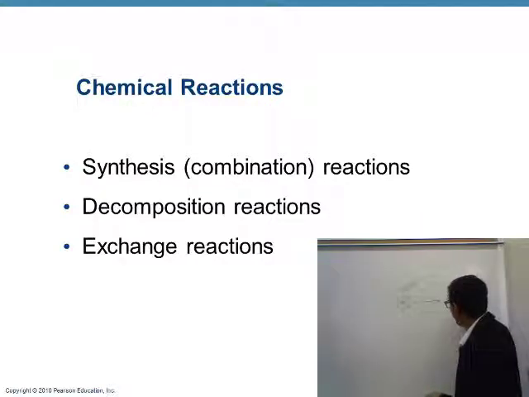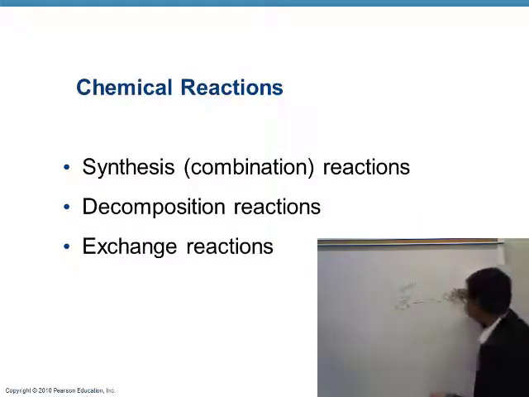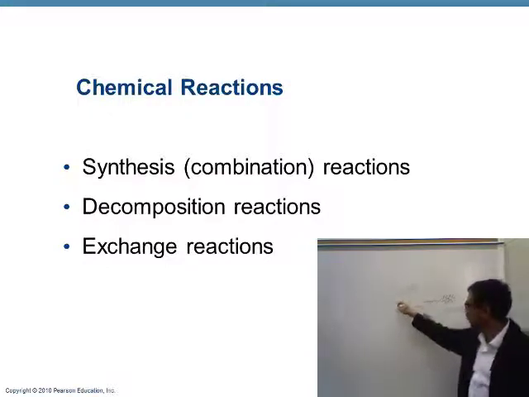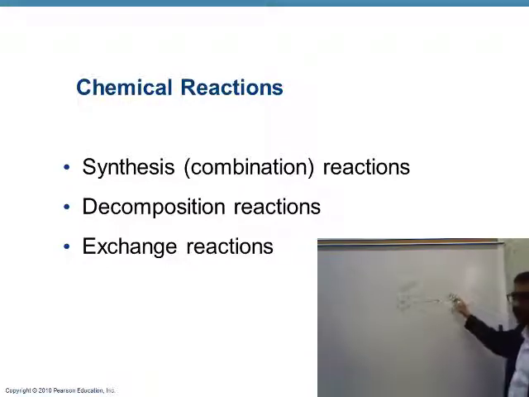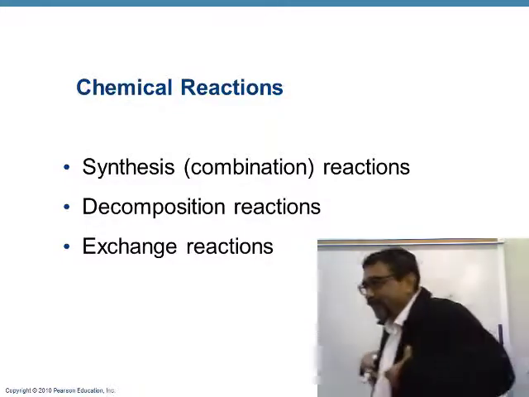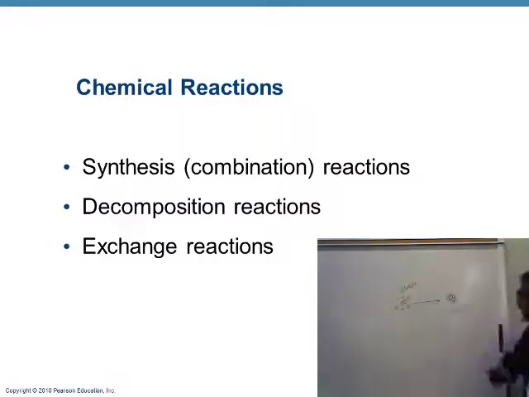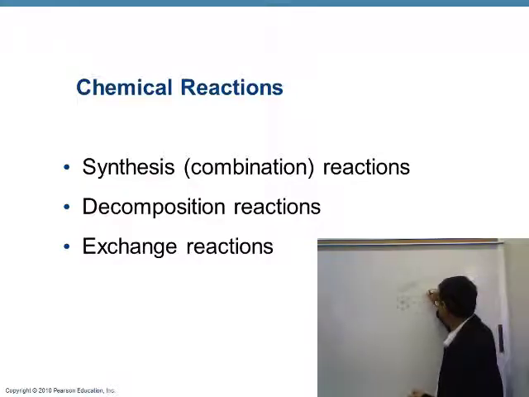The glucose molecules will join together and form a larger molecule that is called glycogen. So you see, from smaller glucose molecules, a larger glycogen molecule is formed, and your glucose will be stored in your body as glycogen in the liver and muscle. So this is a synthesis reaction.